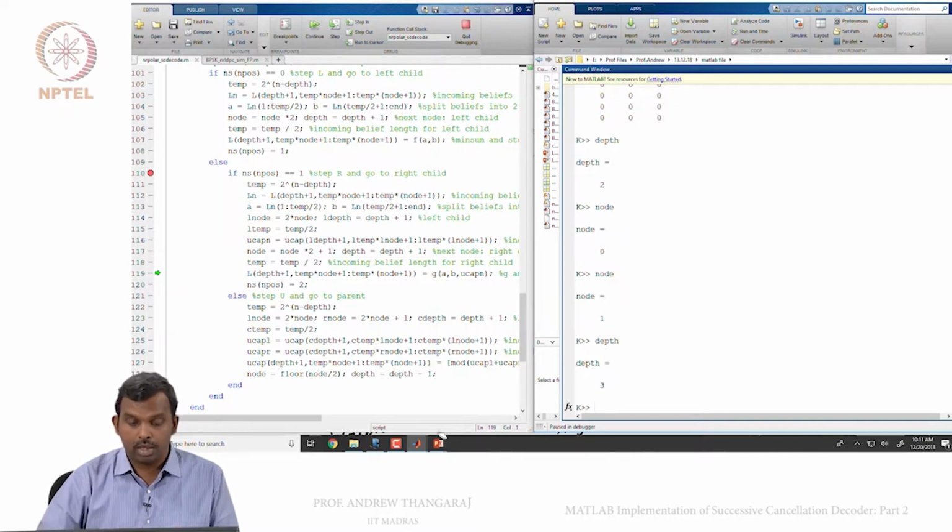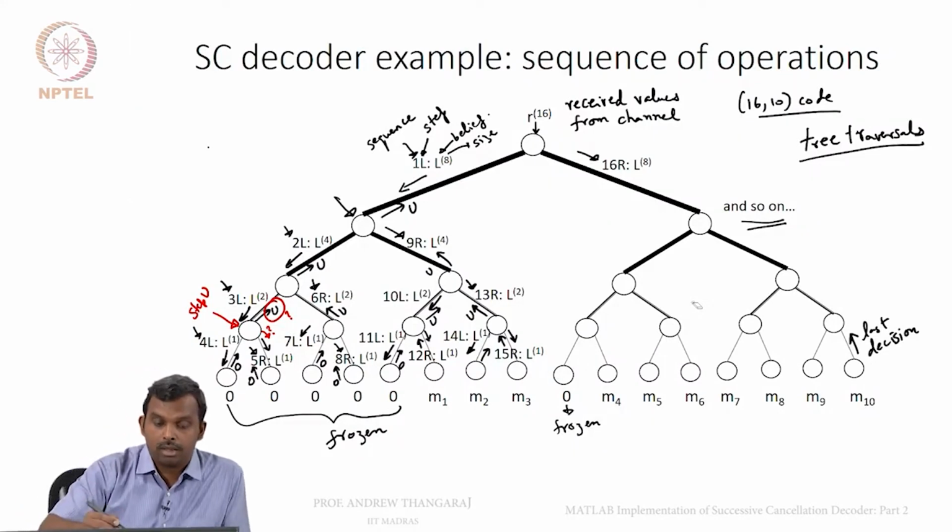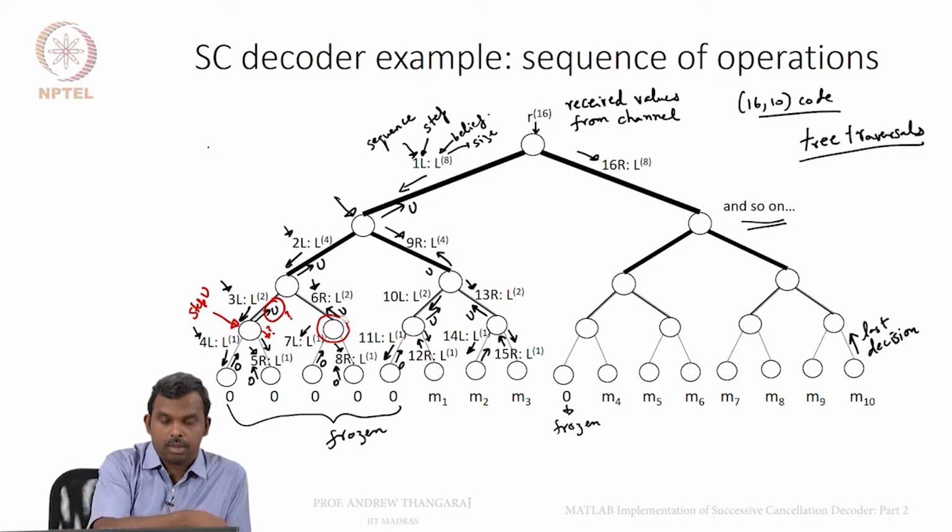So what is node 1 at depth 3? Maybe you can see what is node 1 in depth 3. It has come here, and node 1 has come to this guy. Did it come there?